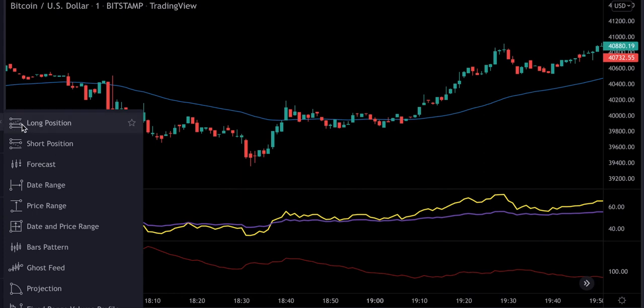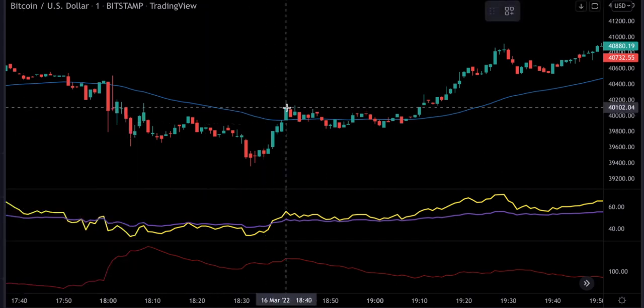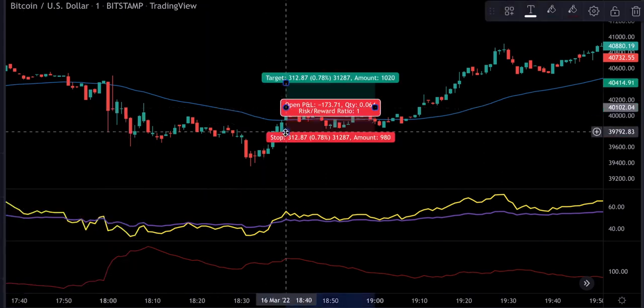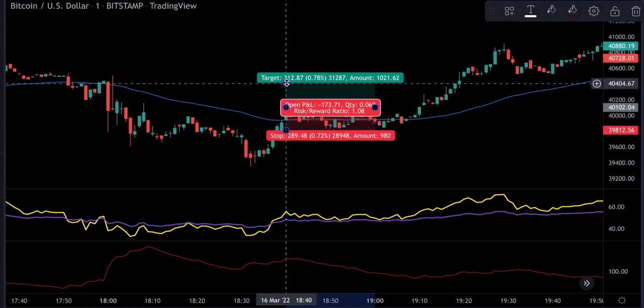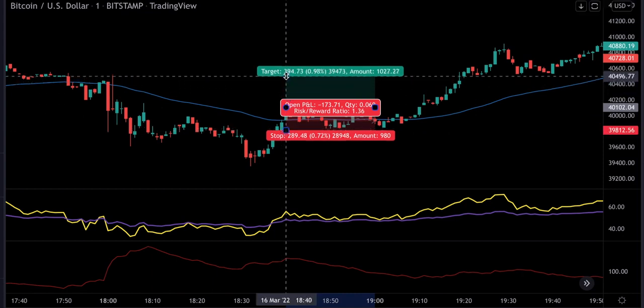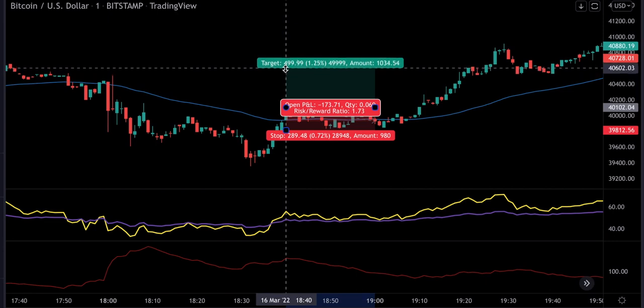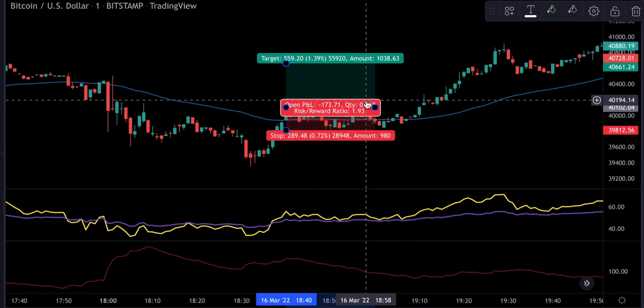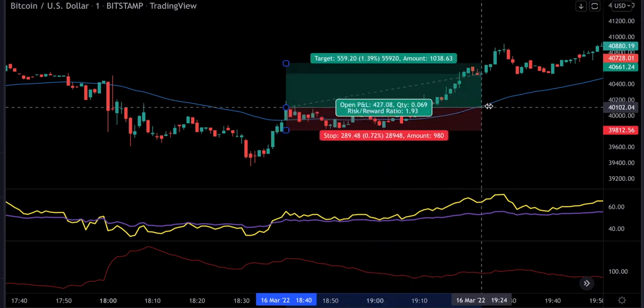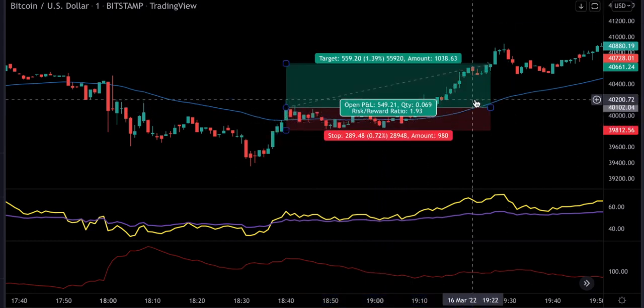So we're going to take a long trade right here. And we set our stop loss at 2 values of our ATR, which is going to be 280 pips away. And our take profit target is going to be at 560. So 2 times the risk. Okay, and now we can see this was a profitable trade.